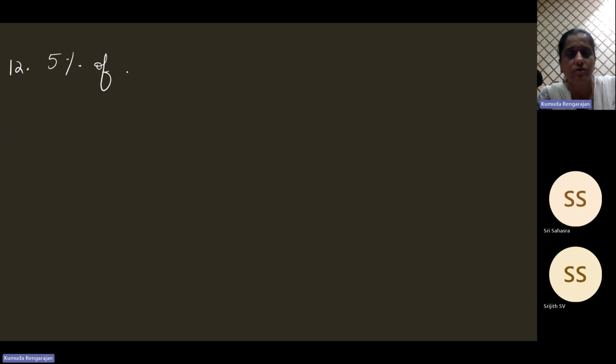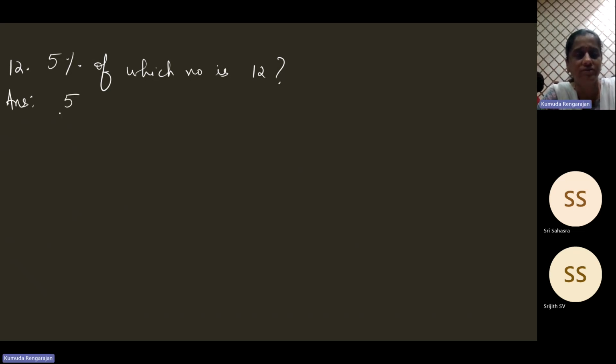So 5% means 5 by 100. Of stands for multiplication. Which number? X, or Y, Z, whatever variable, is equal to 12.